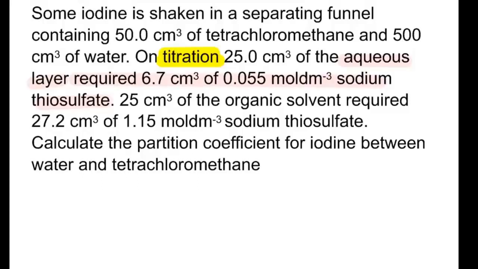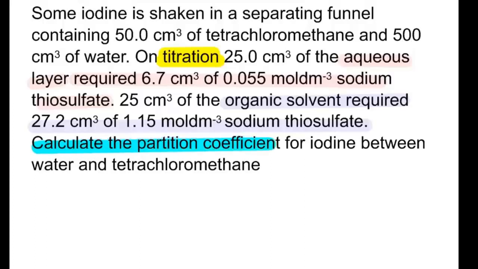You've been given information from two titrations. In the first, 25 cubic centimeters was removed from the aqueous layer and required 6.7 cubic centimeters of 0.055 molar sodium thiosulfate. With regard to the organic solvent tetrachloromethane, again 25 cubic centimeters appears to have been removed, and required 27.2 cubic centimeters of 1.15 molar sodium thiosulfate.